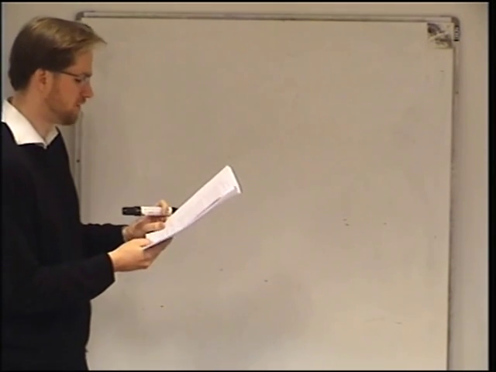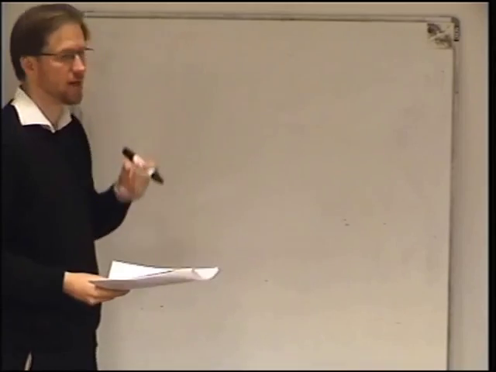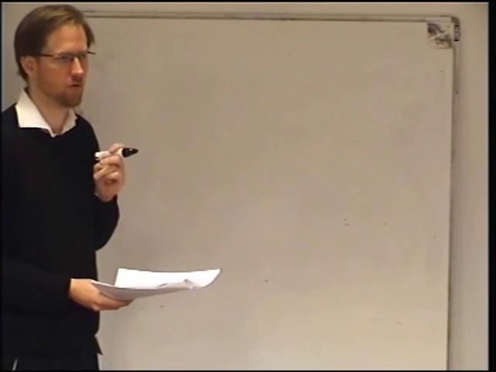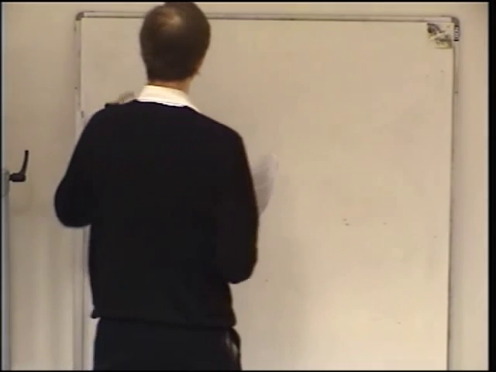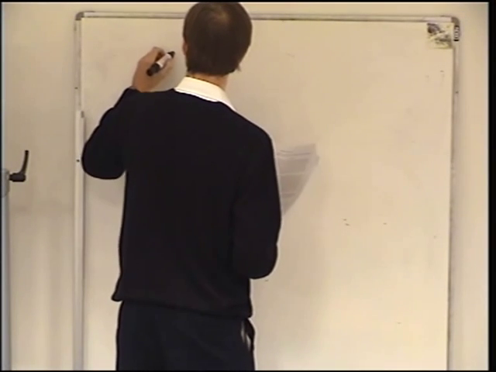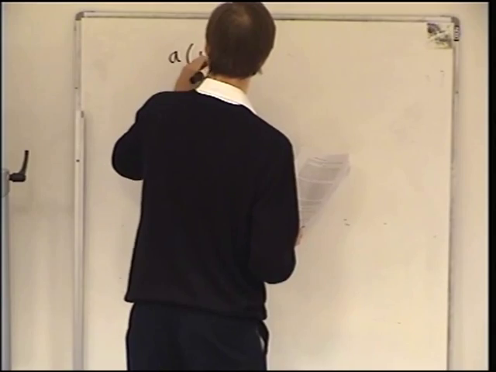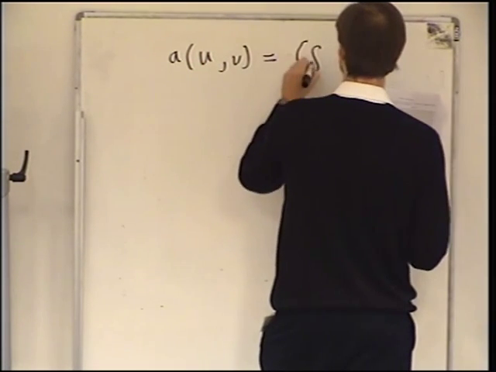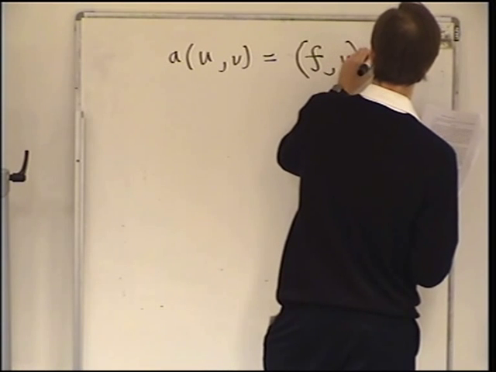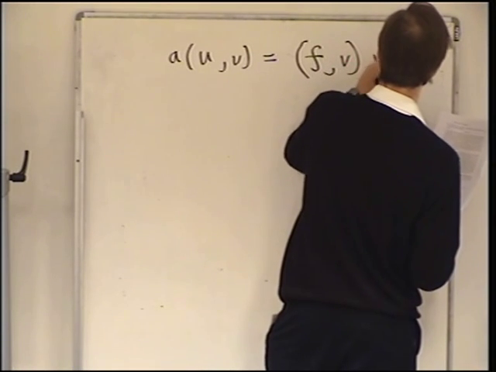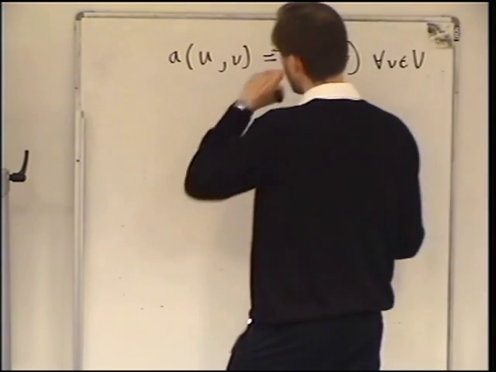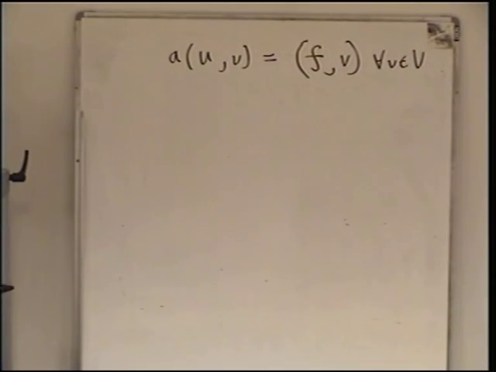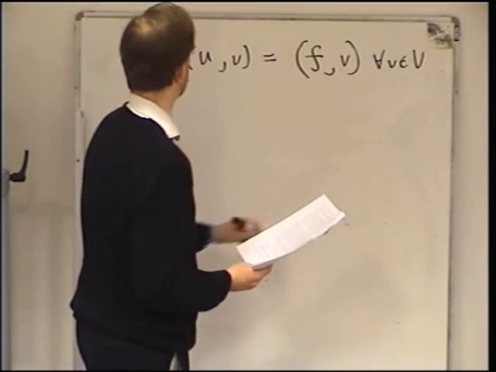And the first interesting thing we can notice is we've now got actually two different versions of the weak problem. So out there, we've got A of u, v equals f of v for all v in V. So that was the continuous version of the problem, where we defined a function space out there.